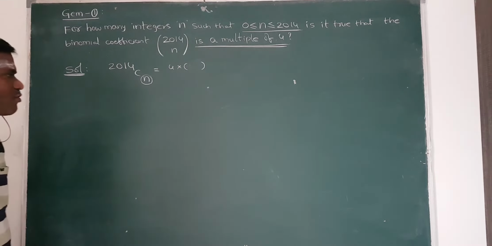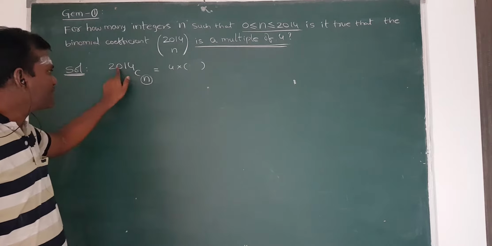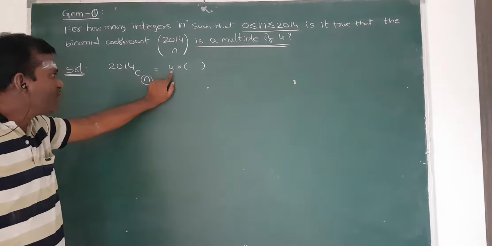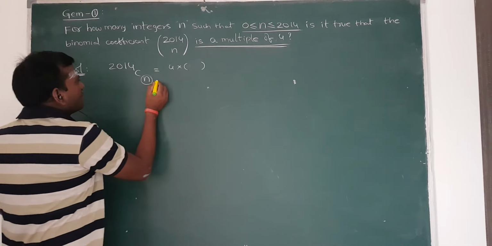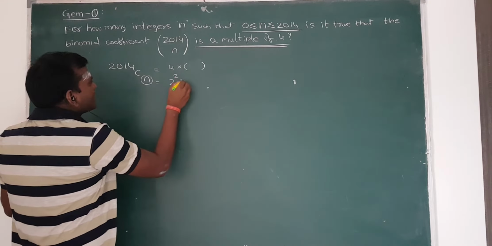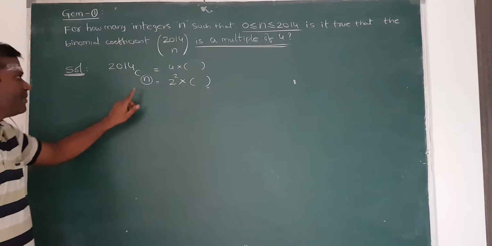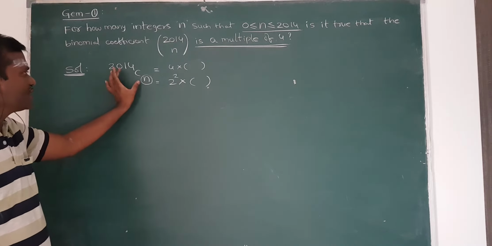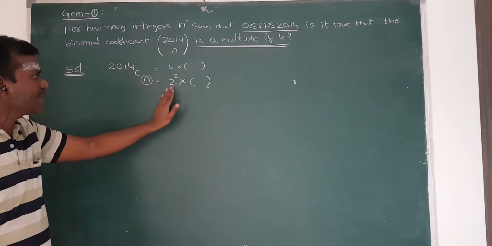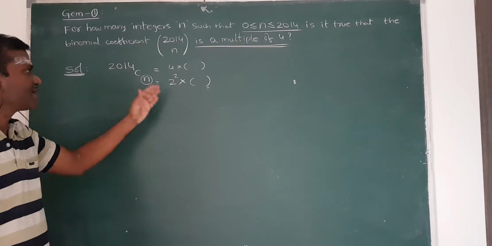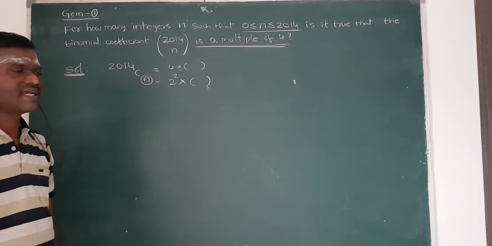According to the theorem, these two are positive integers, whereas this should be a prime number. But 4 can be written as 2 square. In prime factorization it is 2 square into something. That means for how many values of n can this coefficient be expressed as a multiple of 2 square. How many values are possible, only we have to find out. That is the given question.